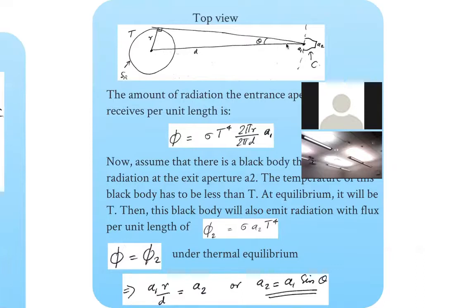At some distance d away, we have our CPC shown here. Again, this dashed line shows the cylindrical wavefront. This is the temperature T. This is the concentration factor C. Again, our question is how much flux is incident on the entrance aperture of the CPC.